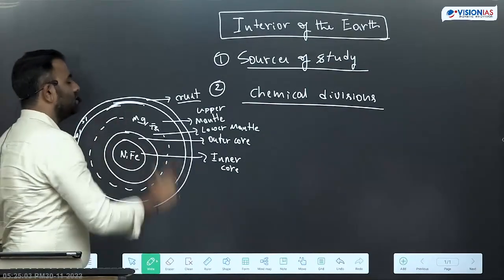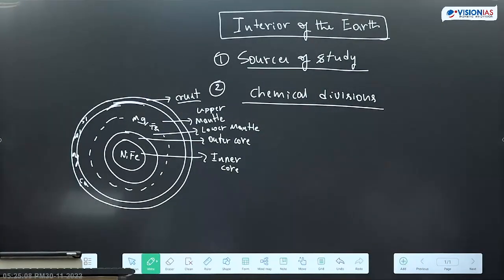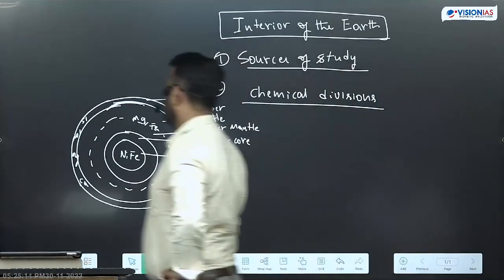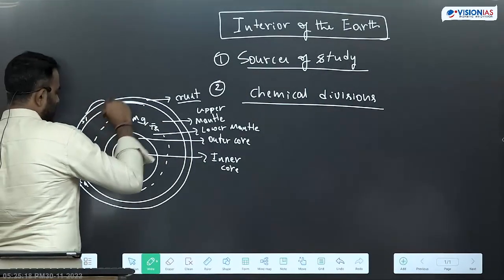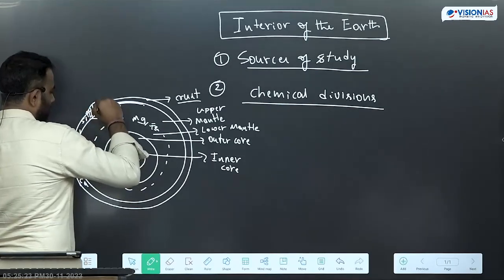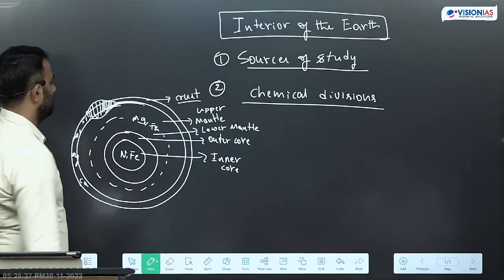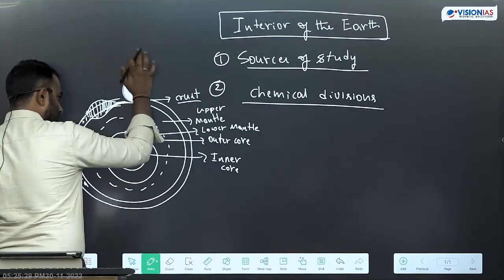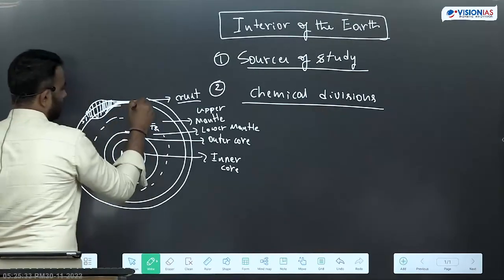What about crust? Is it a single layer? The layer is single, but the material is different in different locations. In some places, the crust is slightly thicker. In other places, the crust is very thin.